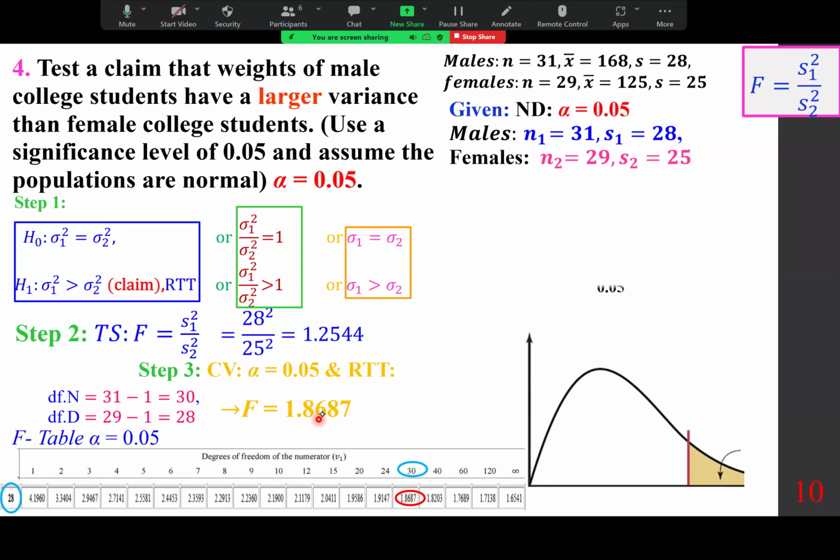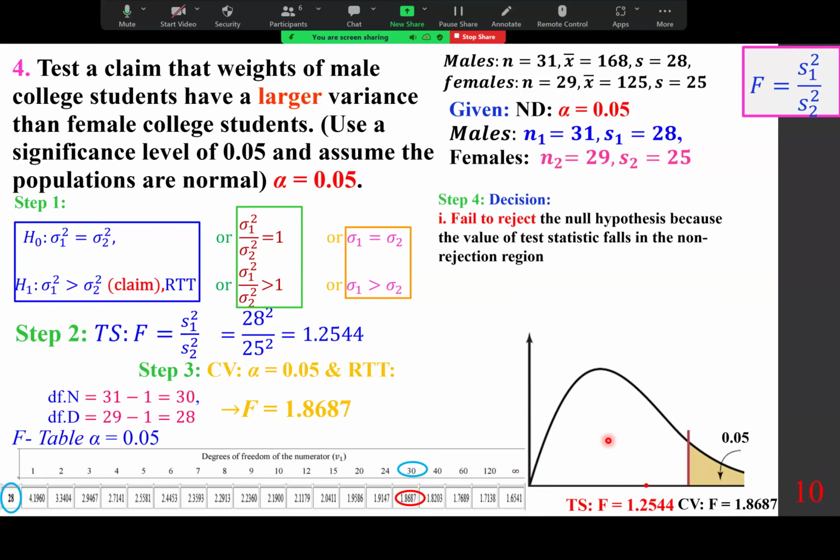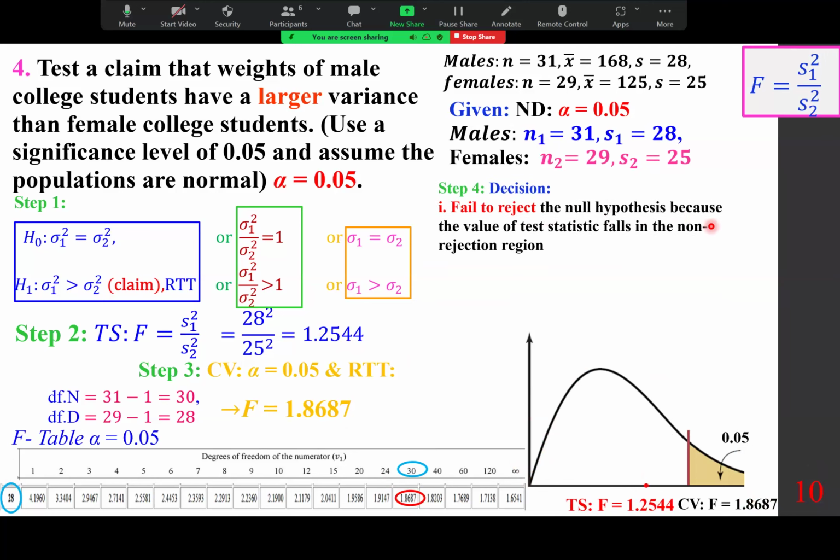Now do the drawing. This area is 0.05. This critical value is 1.8687. And the F that we have calculated is somewhere here. Remember, this goes from 0 to infinity, skewed to the right. Therefore, we are way into the non-rejection region, and we fail to reject the null hypothesis because the value of the test statistic falls in the non-rejection region. The next step is whether the claim is true or false.